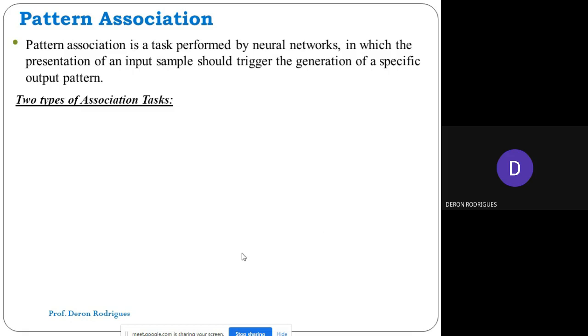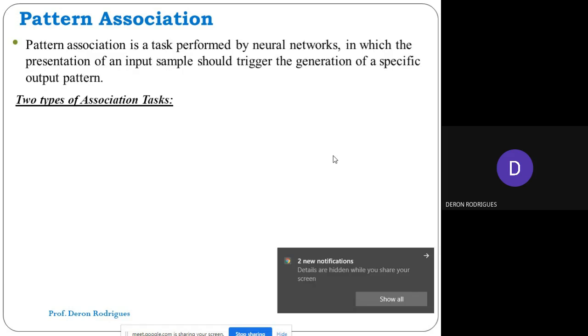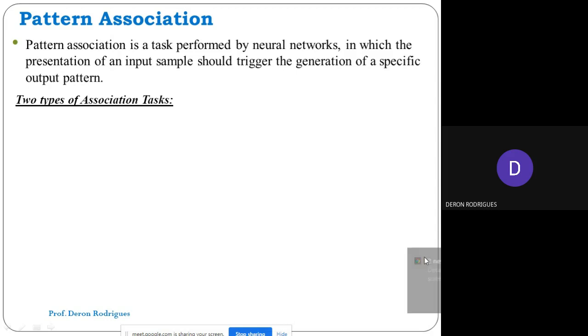For example, in that English spell checker, if you give YUO, it has to give you the output YOU, which is the correctly spelled word. The input will be the misspelled word, and the output would be the correctly spelled word.